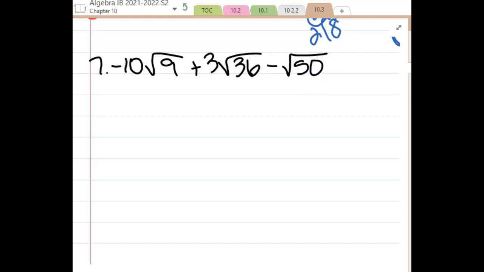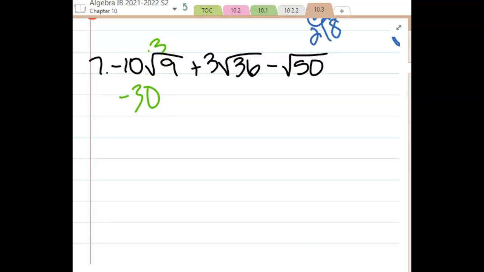Now, sometimes if you're paying close attention and really looking out for things, your job can get a lot easier, because I think sometimes we see a number in the radical and we just jump straight to caking it, right? And if you cake 9, that's totally fine. But what is the square root of 9? 3. Don't cake it. If you know the square root of 9 is 3, you're just going to take negative 10 times 3, which is negative 30.